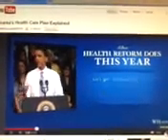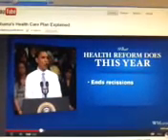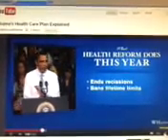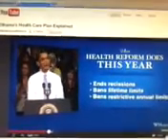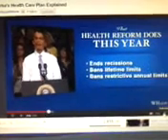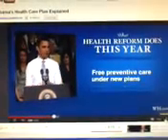This year, insurance companies will no longer be able to drop people's coverage when they get sick, or place lifetime limits or restrictive annual limits on the amount of care they can receive. This year, all new insurance plans will be required to offer free preventive care.